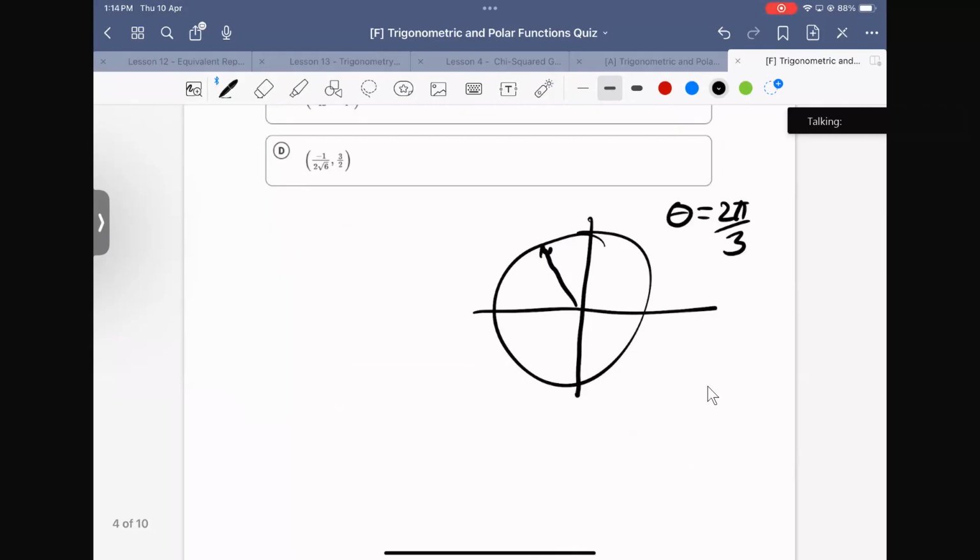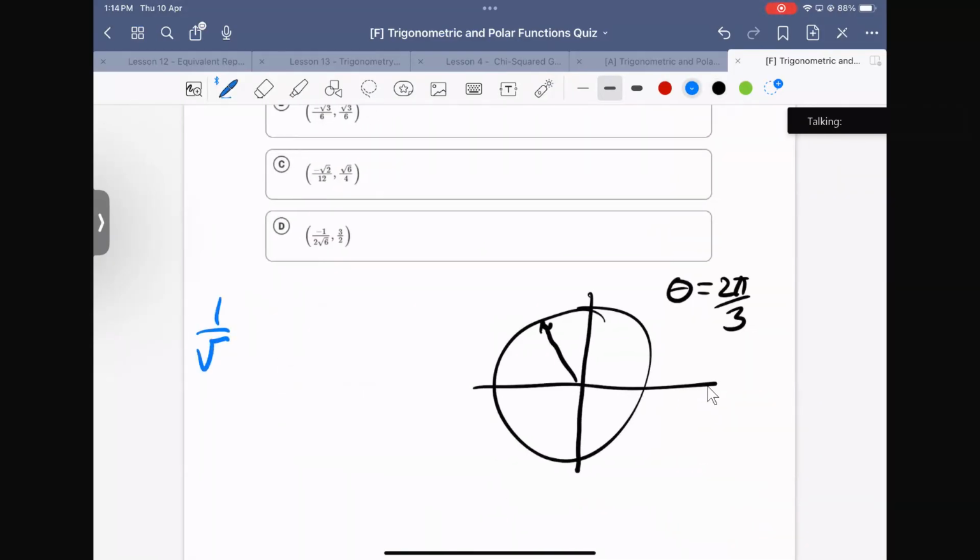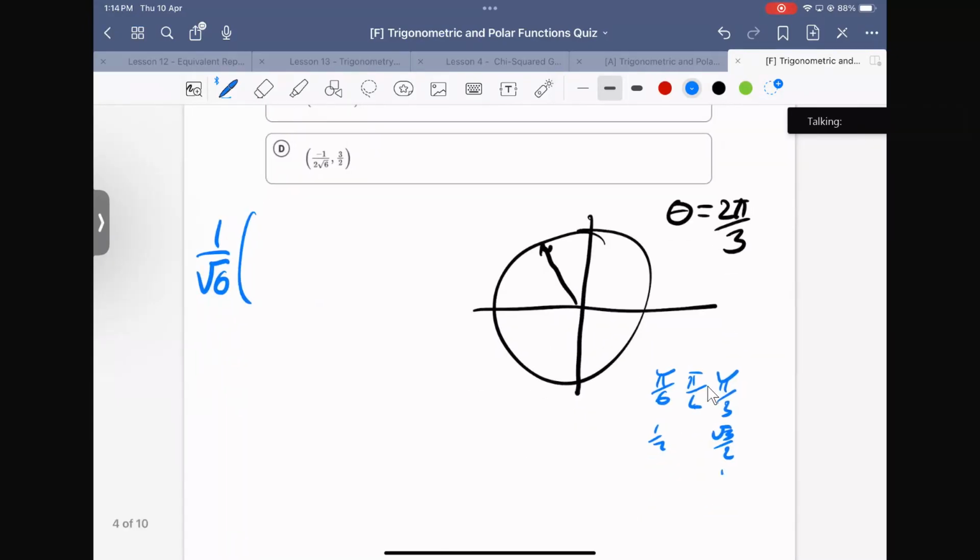So for the coordinates of the point, the radius is 1 over root 6, and then we need the cosine of 2 pi over 3. Let me just think through my exact value table. I go pi over 6, pi over 4, pi over 3. This is a half, and this is root 3 over 2. And this one's going to be a half.